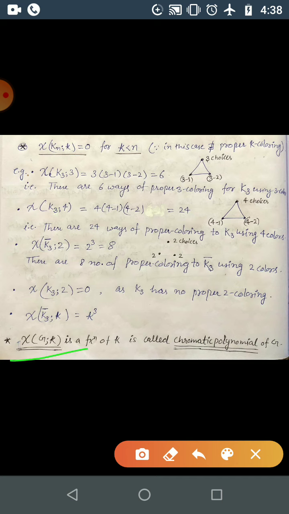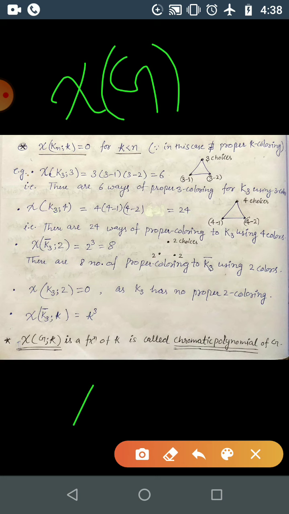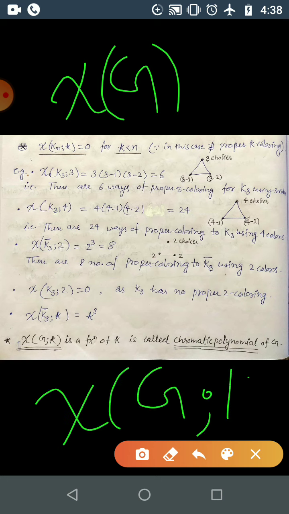I have already mentioned that this is also known as the chromatic polynomial of G. So this was the chromatic number, remember this one, and this is the number of ways to choose a proper coloring of G among k colors.